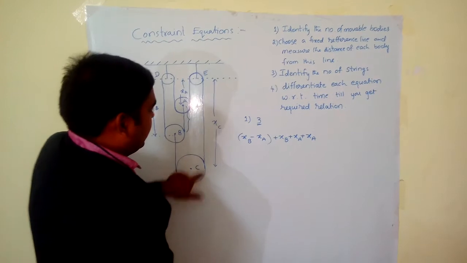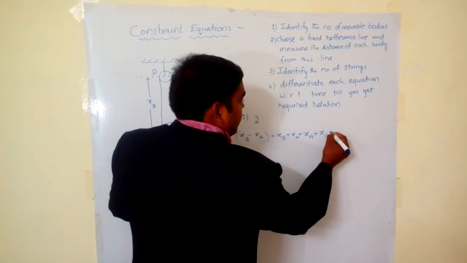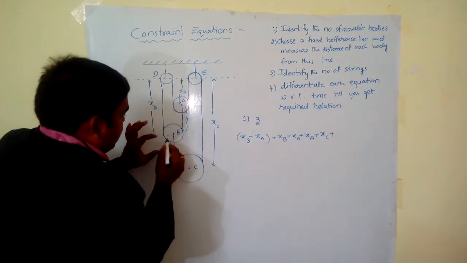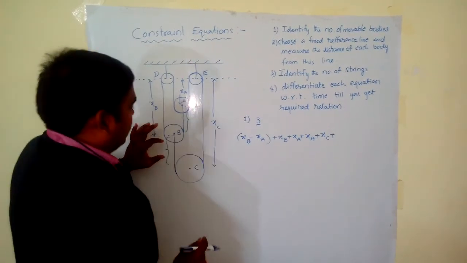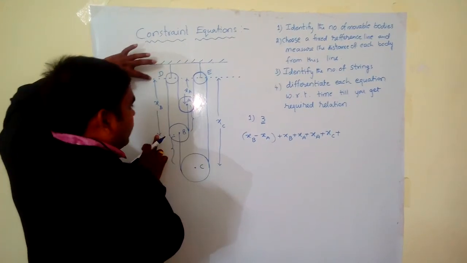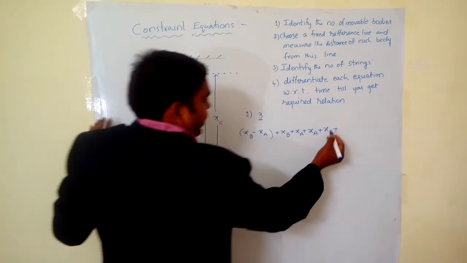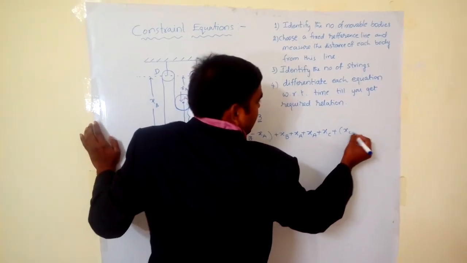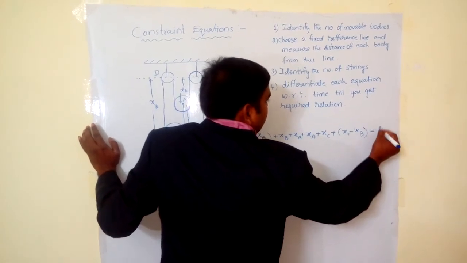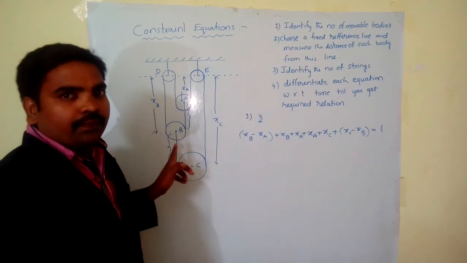From E to C, clearly it is XC, plus C to B. This distance you will find by subtracting XB from XC. So simply you can write this as XC minus XB. So this total is the length of the string given in the system.